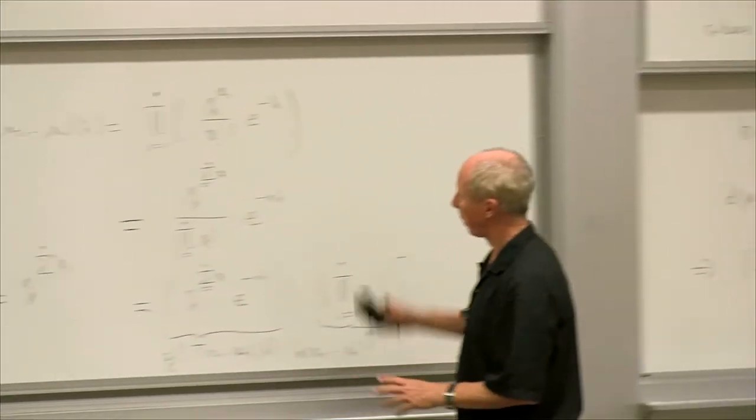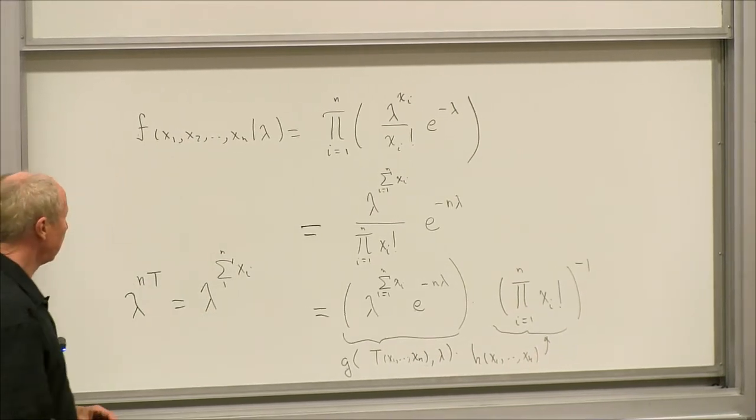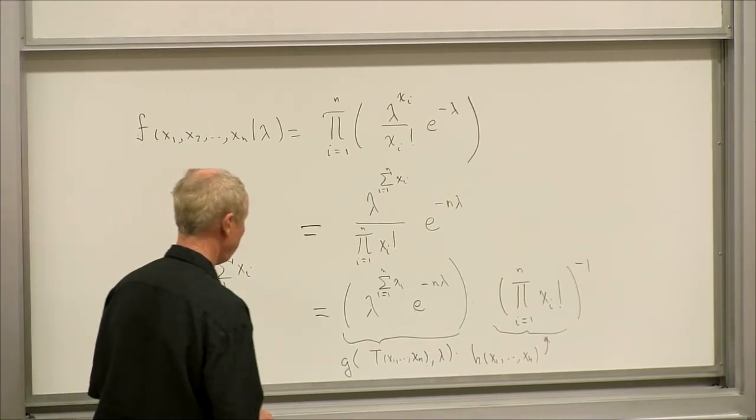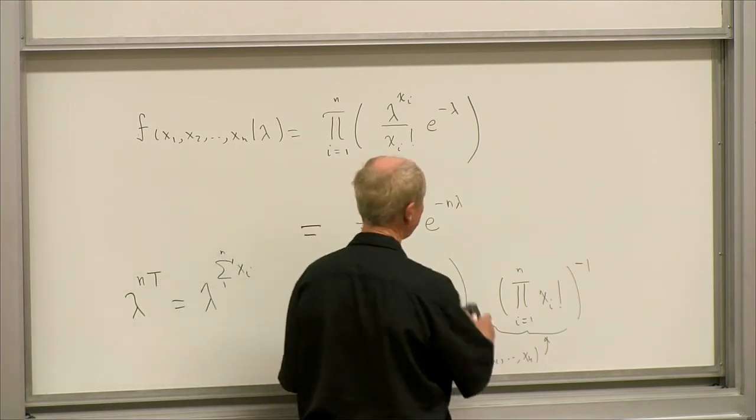What about the Poisson? Is that an exponential family? Well, let's rewrite this bottom line here.